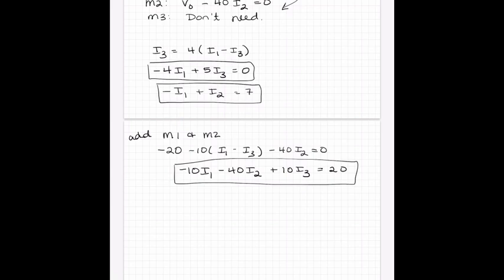Okay, so I have 1, 2, 3 equations, 3 unknowns, and I can solve. Okay, so I'll have that I1 is equal to, hold on just one second.